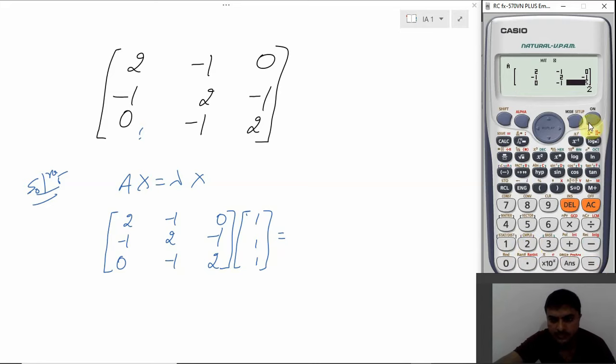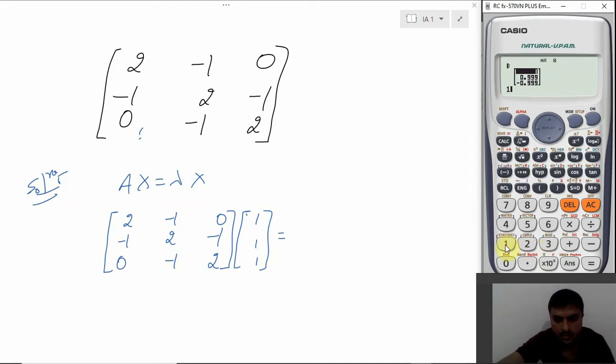Then press AC. Now shift 4 1, I will fill in matrix B. Matrix A is already there in the calculator, so I'll just put the B value. It is 3 cross 1, so I'll just take 3.